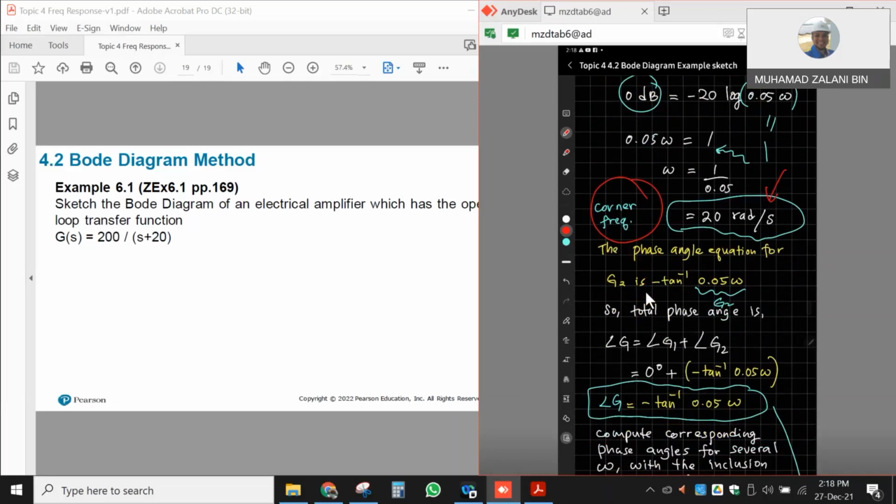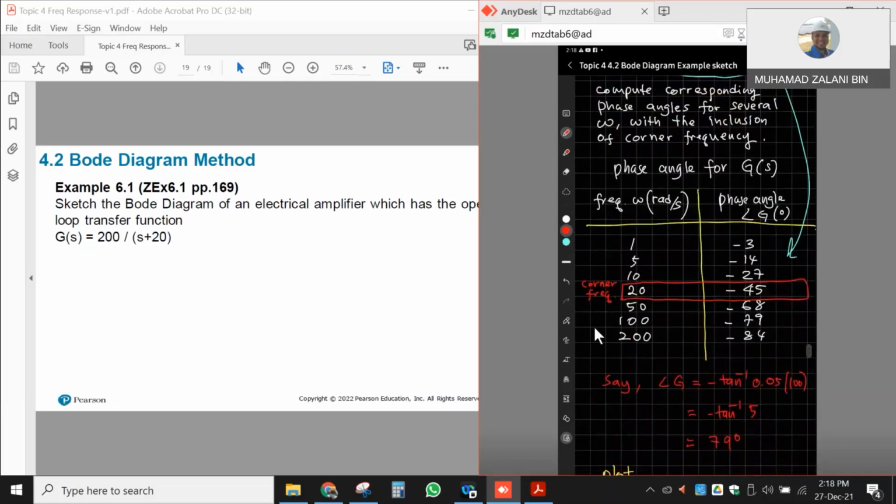So at corner frequency 20 radian per second, we calculate the angle of -45 degrees. So and so far, when frequency is increasing up to 200, then we get negatively increasing phase angles.